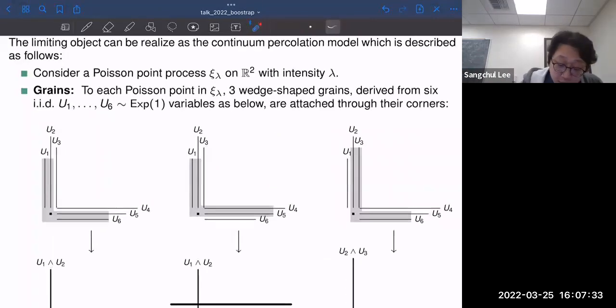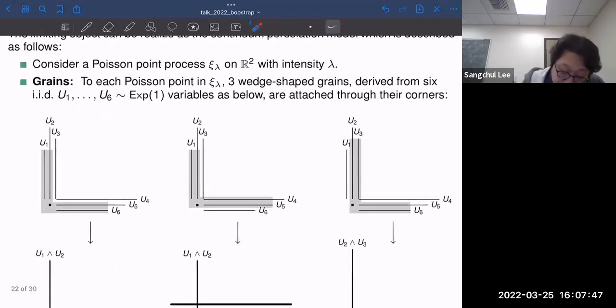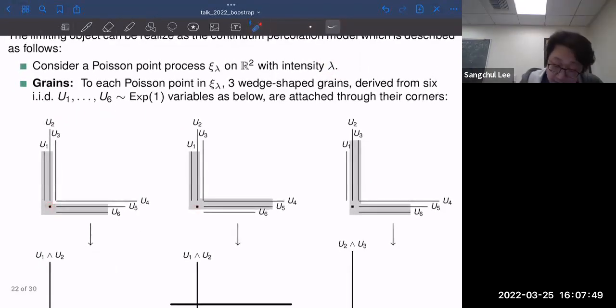First, I'm going to consider a Poisson point process, xi lambda, on the plane with intensity lambda. This lambda is the same as the lambda in our scaling relation, and to each Poisson point in xi lambda, we are going to attach 3 wedge-shaped grains, which are derived from the 6 IID exponential arms, just like how we did in the polluted bootstrap percolation site.